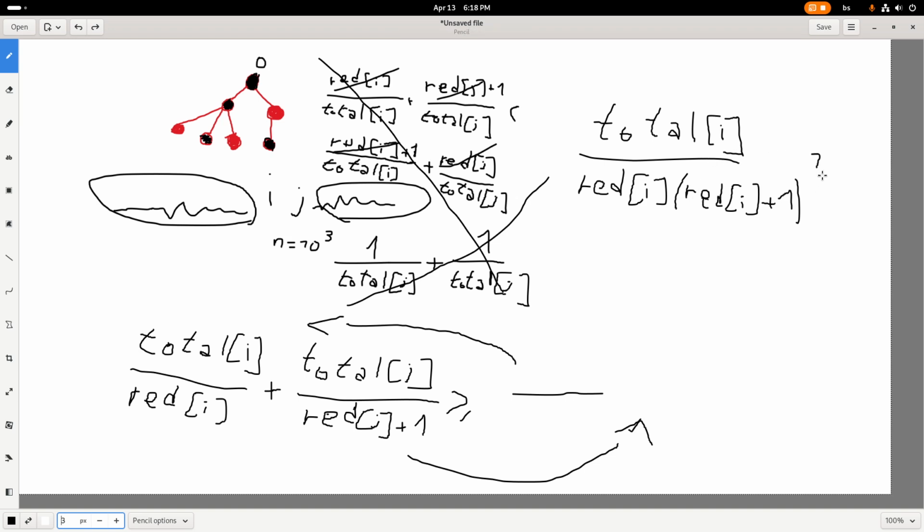And then if this is greater than or equal to the number of this one, you should take it, I think.